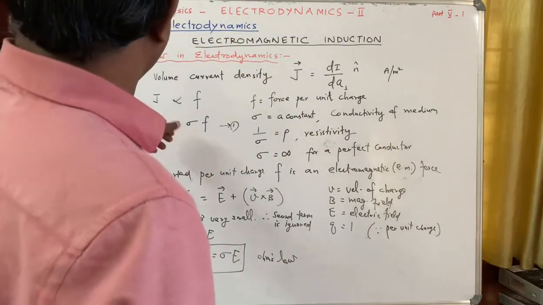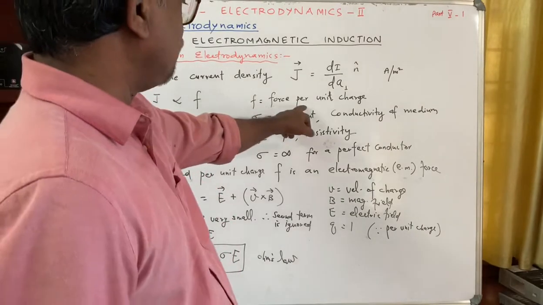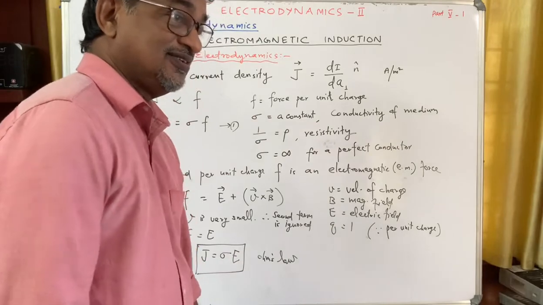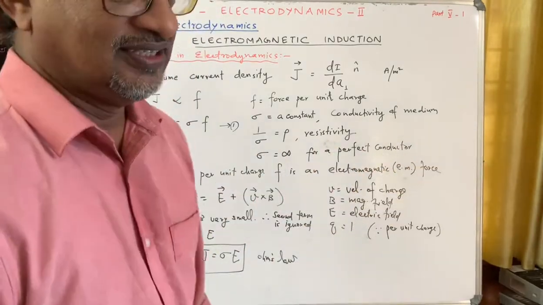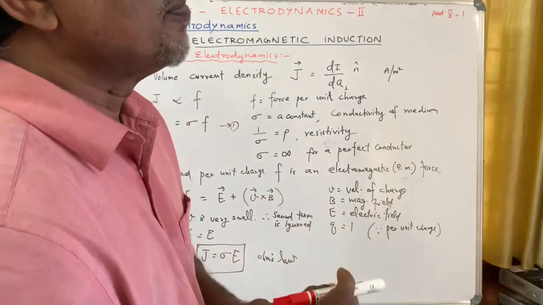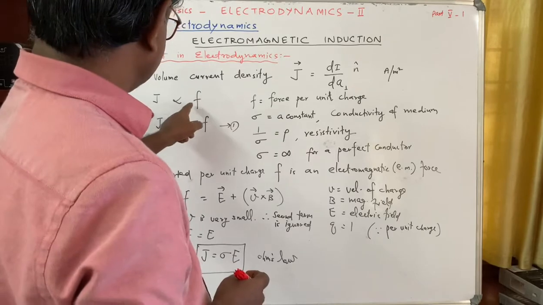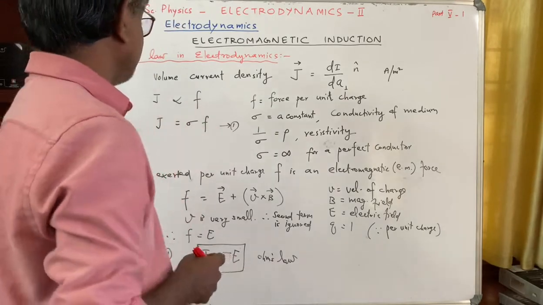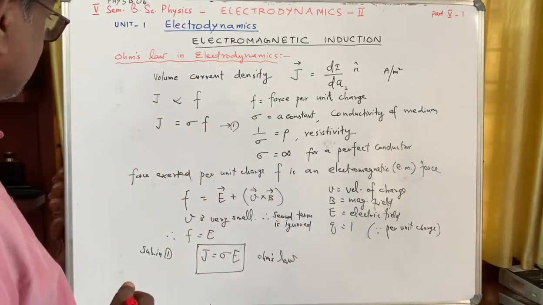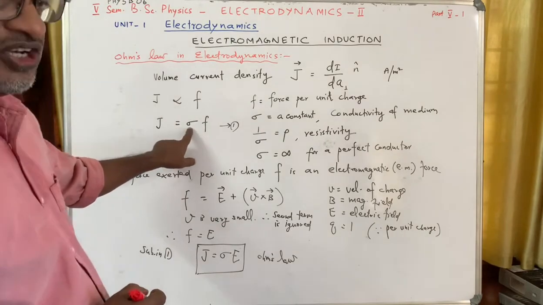And this current density J is proportional to the force per unit charge. As you know, there is an electromagnetic force. So, force per unit charge, F, is directly proportional to J. To remove this proportional sign, we have to add a constant here.